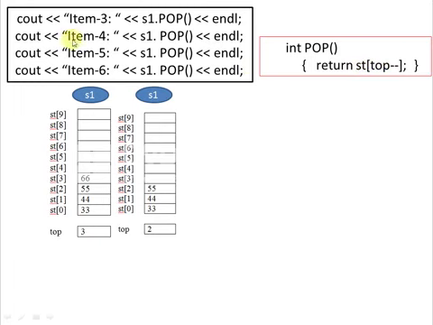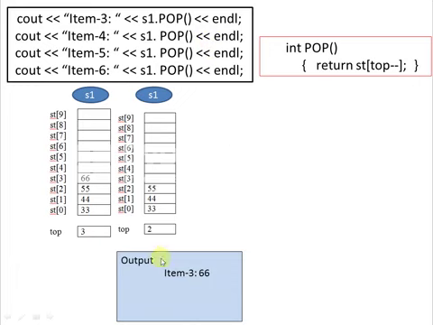Next, atom 4: if we want to remove the next atom from the stack, that is 55, then the output of the previous line, atom 3 is equal to 66, can be shown here.